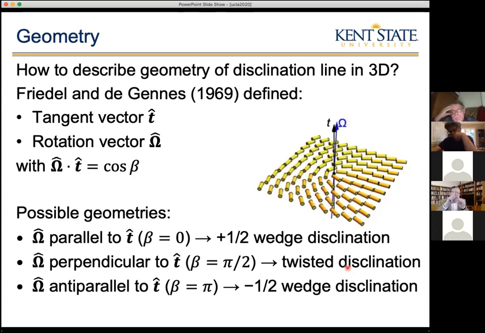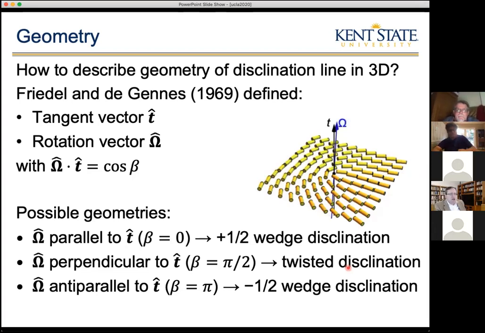They call it a plus half wedge disclination. Right? When the omega vector turns around to be perpendicular to the tangent vector, then you get a twisted structure. When the omega vector is anti-parallel to the tangent vector, then you get something that looks like a minus half wedge disclination.